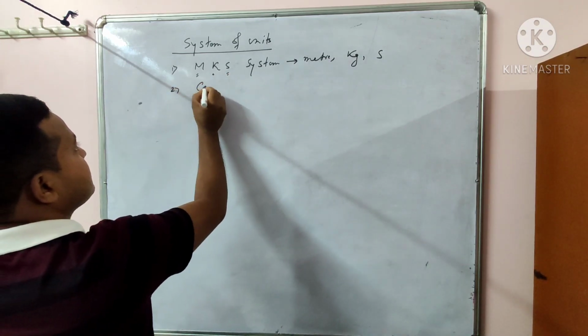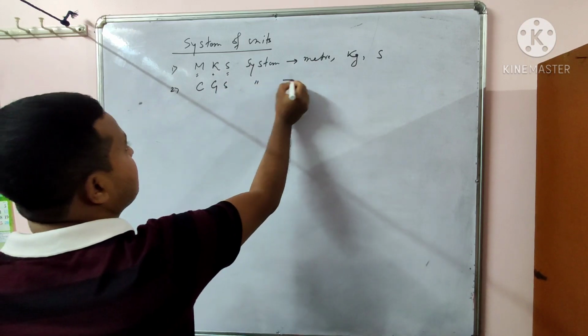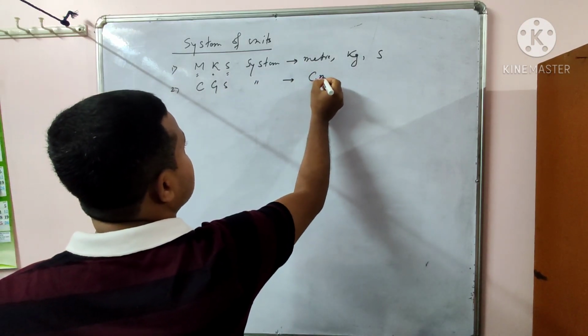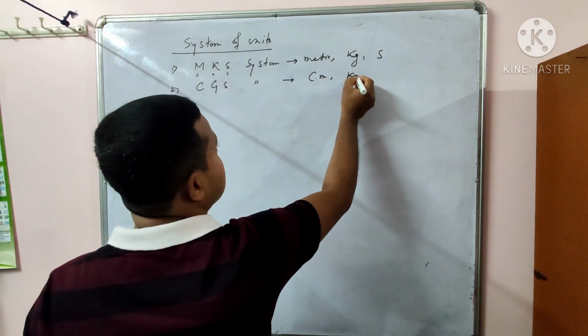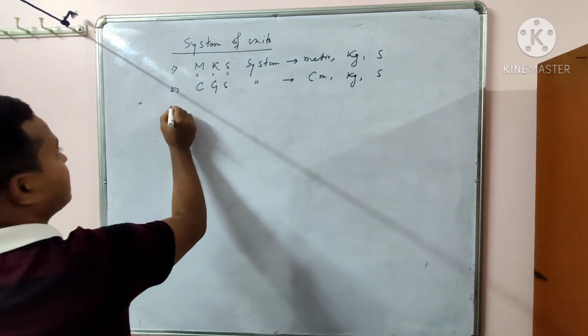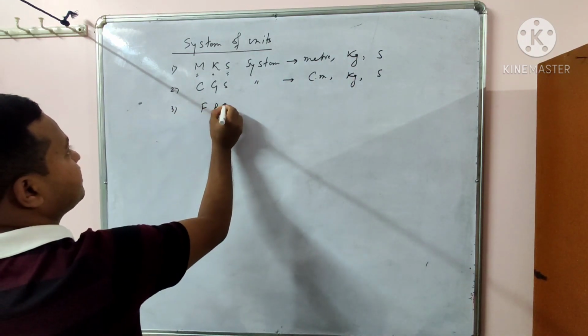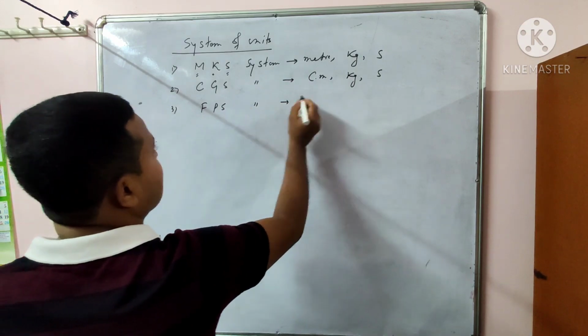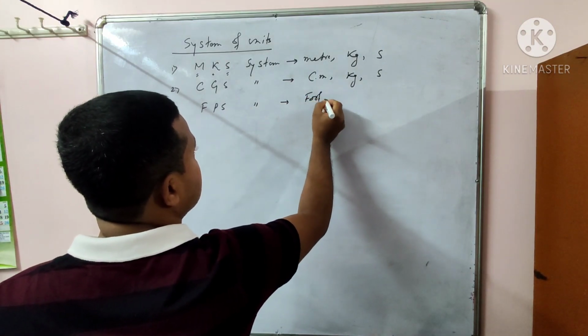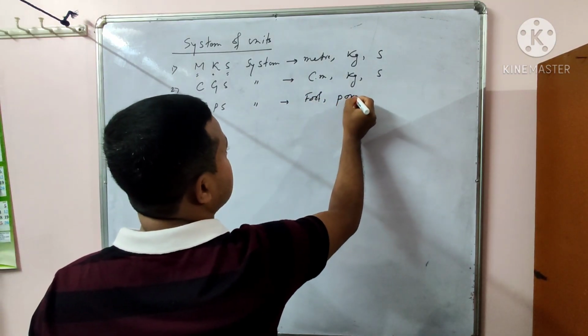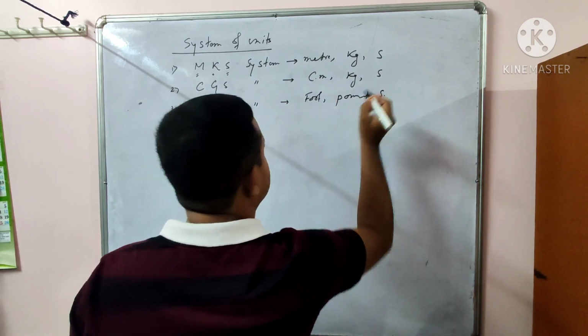Then we have the CGS system. Here the unit of length is centimeter, unit of mass is gram, unit of time is second. Then we have the FPS system. Here unit of length is foot, unit of mass is pound, and unit of time is second.